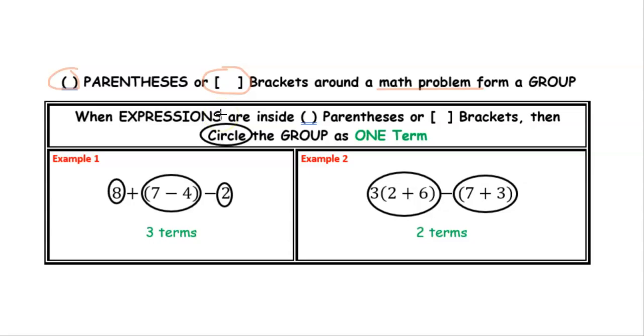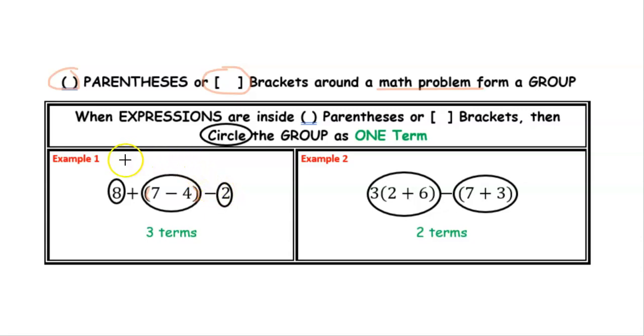So our parentheses or brackets are going to form a group around a specific piece or math problem in our expression. So example 1 has an 8 plus the quantity 7 minus 4, and the 7 minus 4 is in these parentheses, called grouping symbols, minus 2.